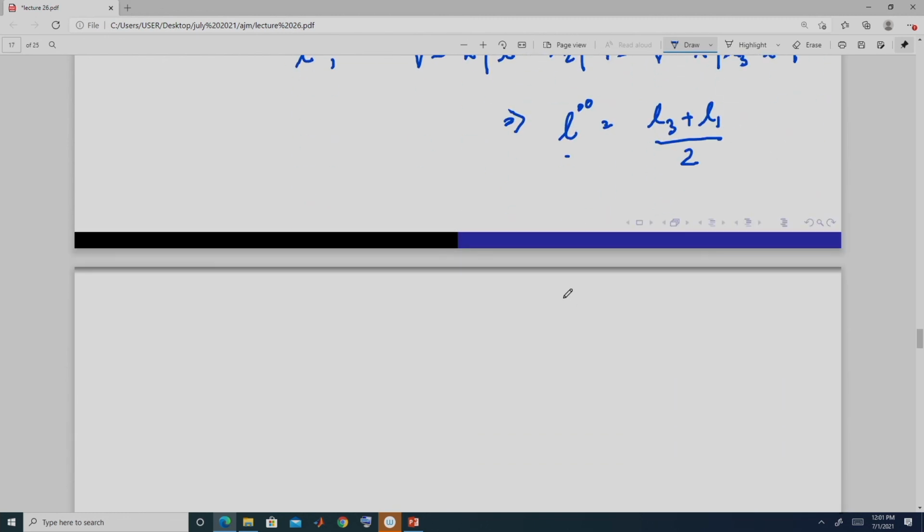So, from here we get the profit of firm 1 as L dot, that is L1 plus L dot minus L1, right.